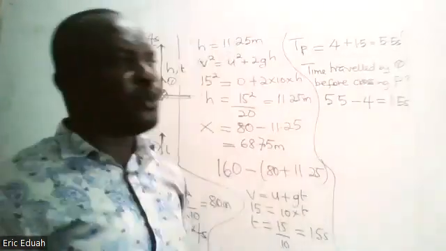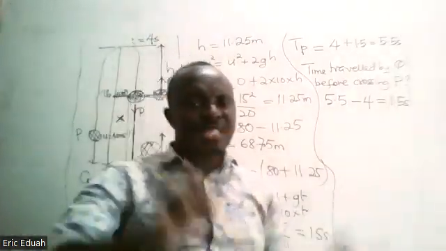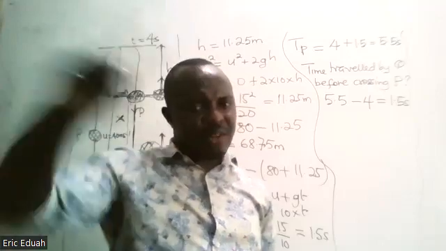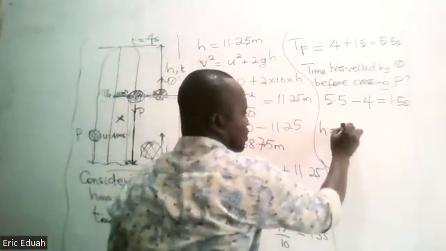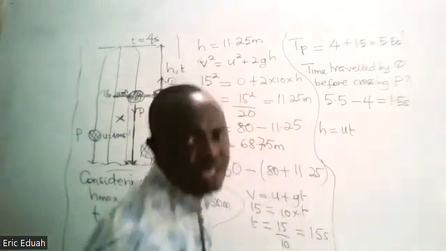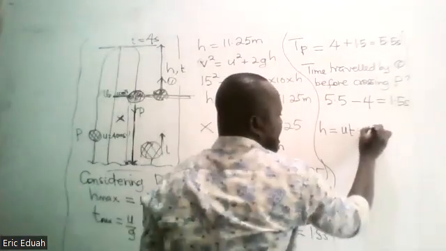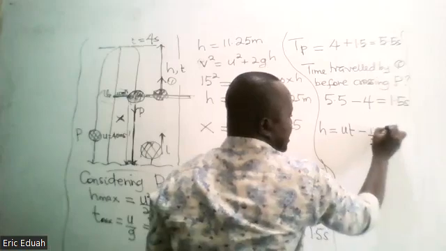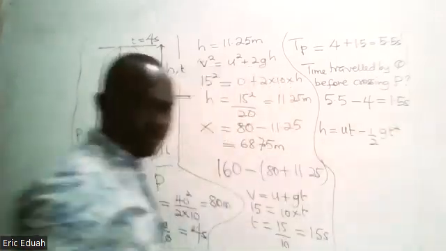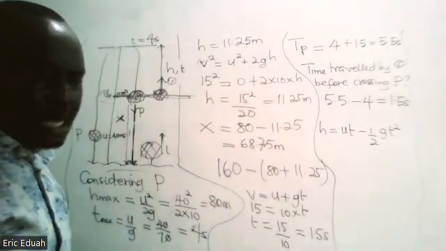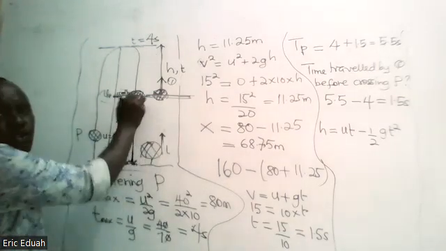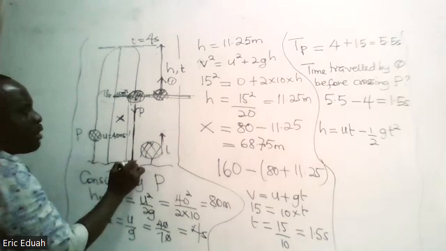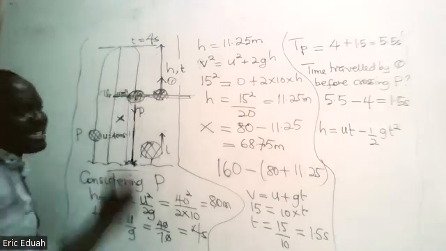Now, whenever I'm looking for vertical height traveled and I'm given the time, the equation to use is H equals UT, and because Q is going up, minus half GT squared.